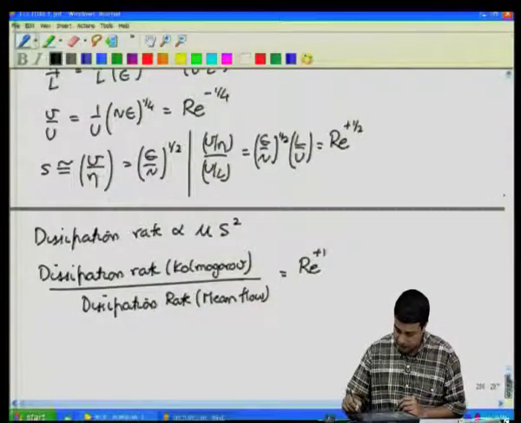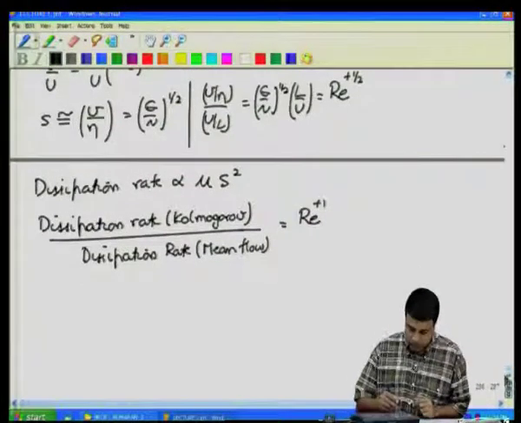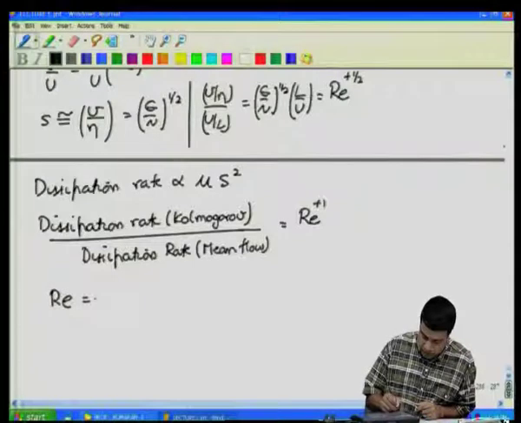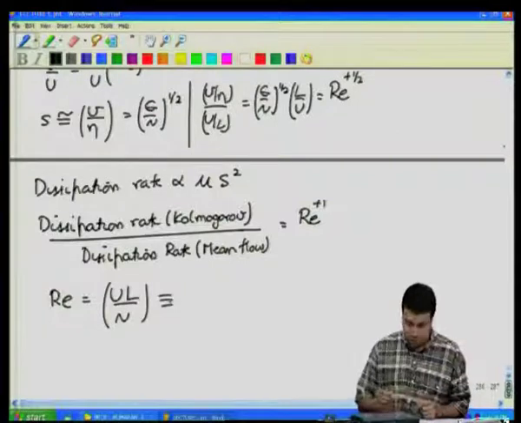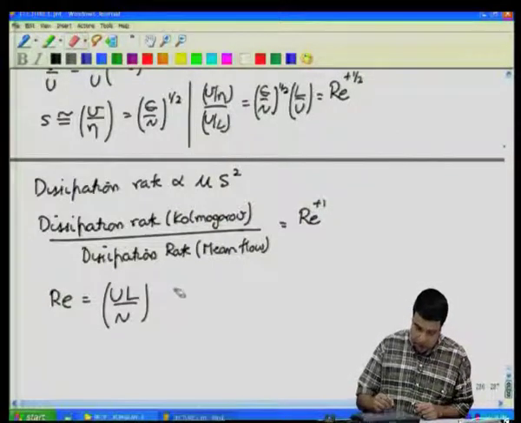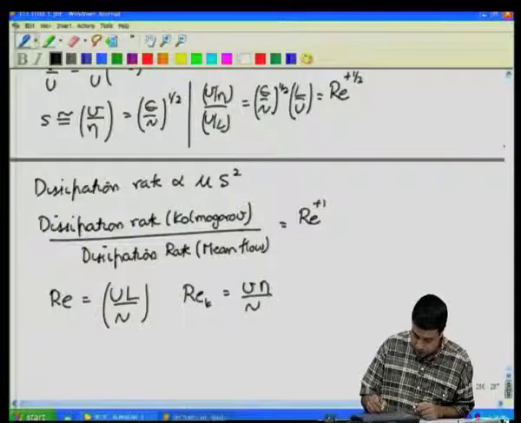And the other point is that I got a Reynolds number. I define the Reynolds number for the large scale as UL by the kinematic viscosity. I can similarly define a Reynolds number for the Kolmogorov scales as V eta by nu.